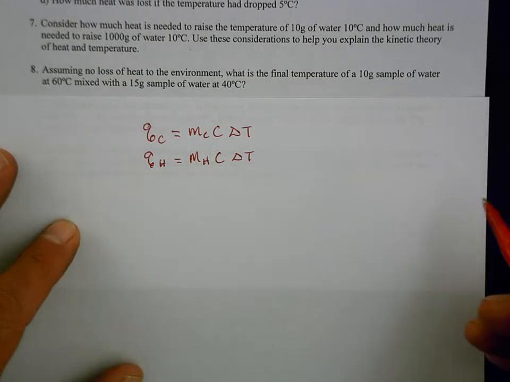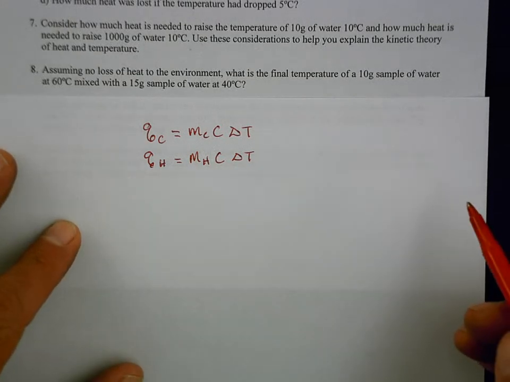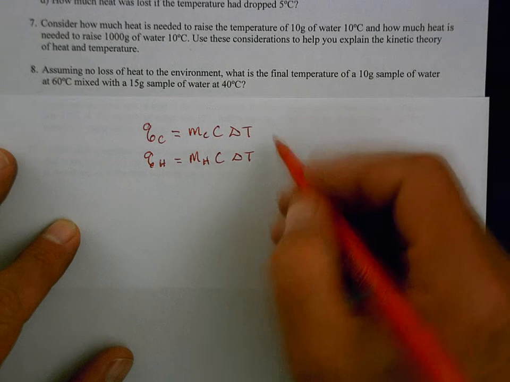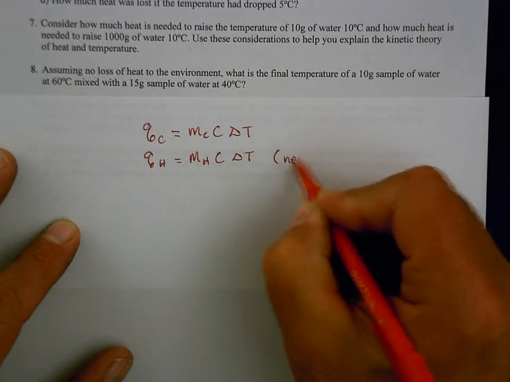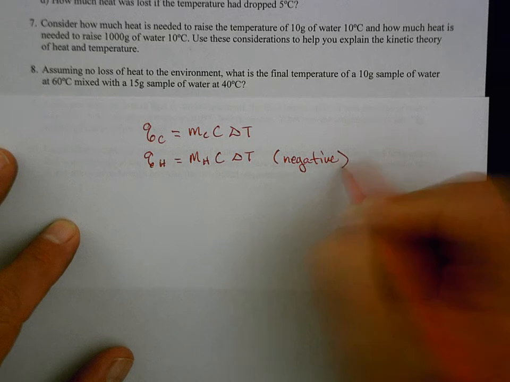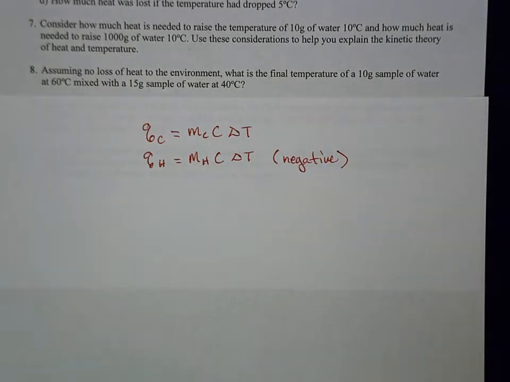And its final temperature will be cooler than it started. It cooled down because I added cold water to it. So this guy is going to be negative because it cooled down. It got colder.